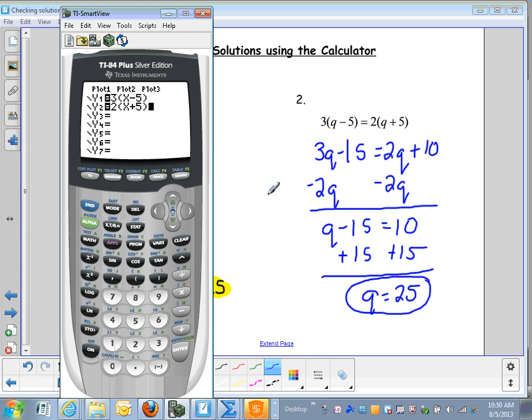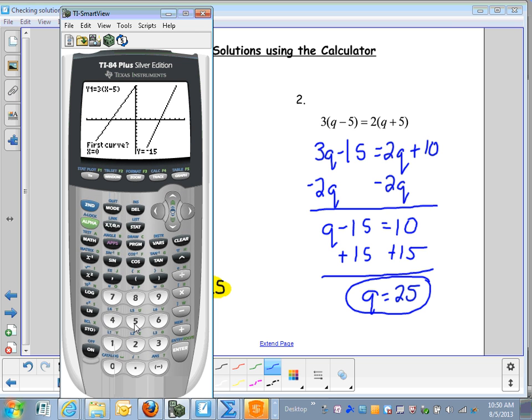All right, so now I have entered the left side and the right side. The left side is a line, the right side is a line. So now I want to calculate the point of intersection. So second calc, I want the intersection, so number 5.